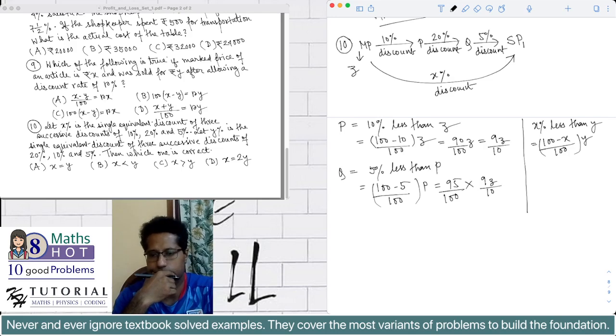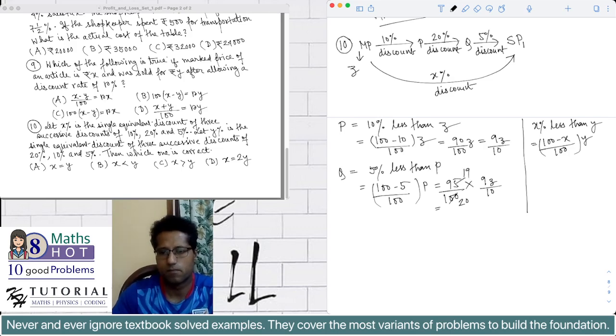Now this 95 by 100 can be simplified as, if you divide by 5, 20 and 19. 19 by 20. Okay. This is 19 by 20 multiplied by 9Z by 10.